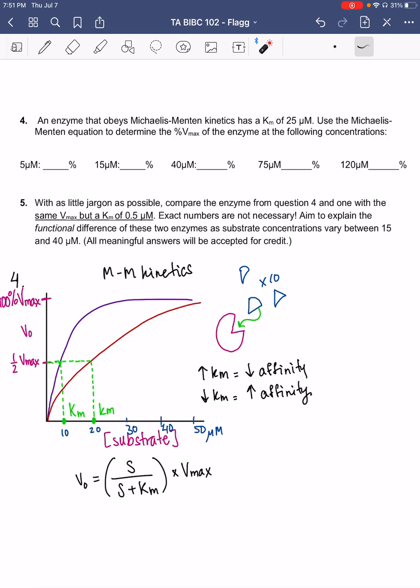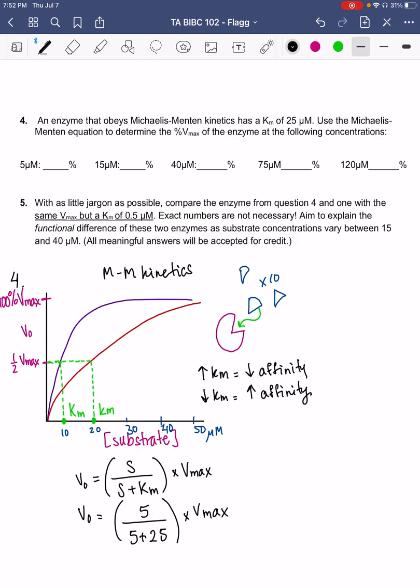So if the question says that Km is 25 micromolar, we can plug in Km over here, and it gives us exact concentrations for different scenarios. It's giving us 5 scenarios, concentrations of substrate, so let's take this first scenario and solve it. Substrate is 5 micromolar, and we can substitute it here and here. V naught equals big parenthesis, 5 over 5 plus 25, times Vmax.